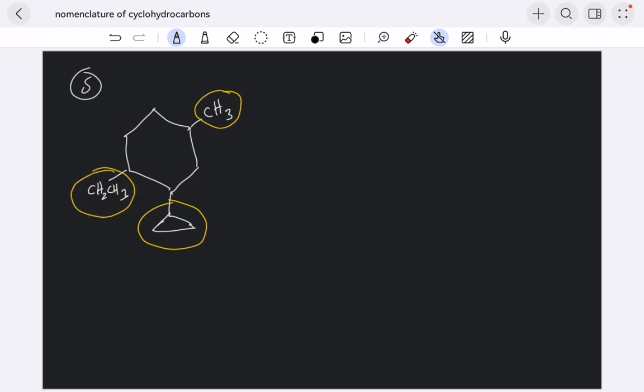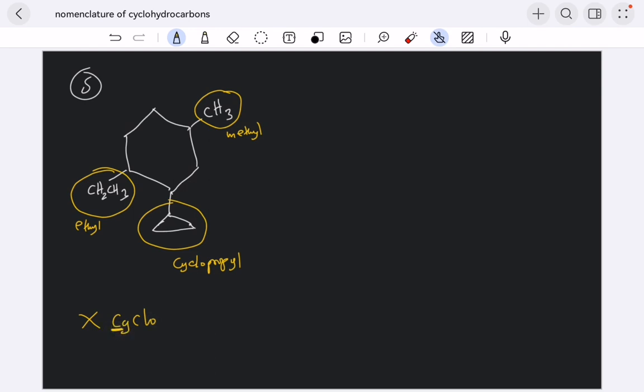So this is a cyclopropyl, this is a methyl, then this is an ethyl. When we follow the alphabet, we should not consider the cyclo as part of the alphabet.